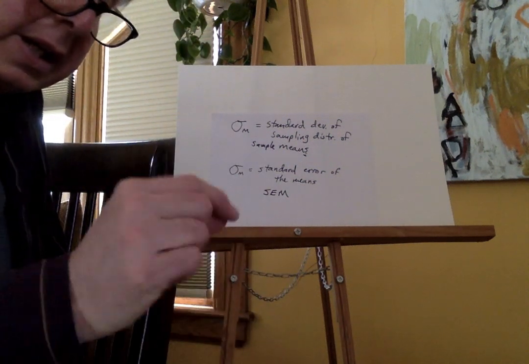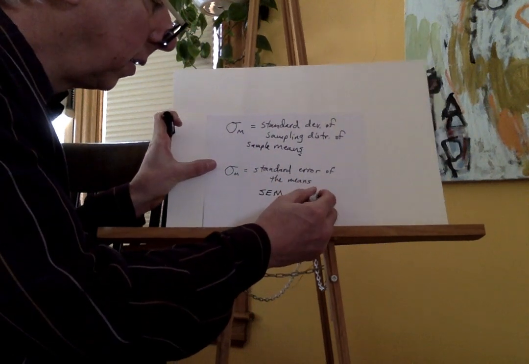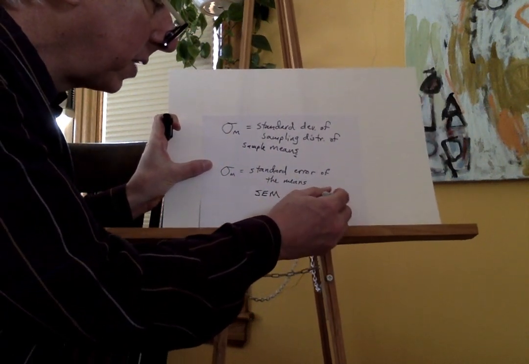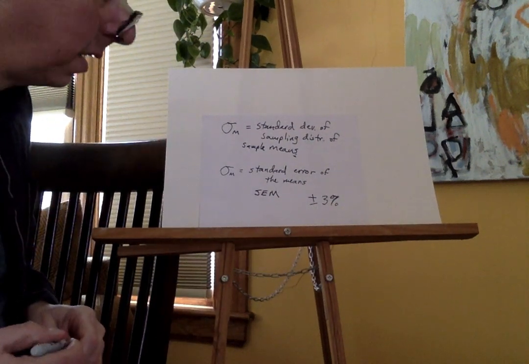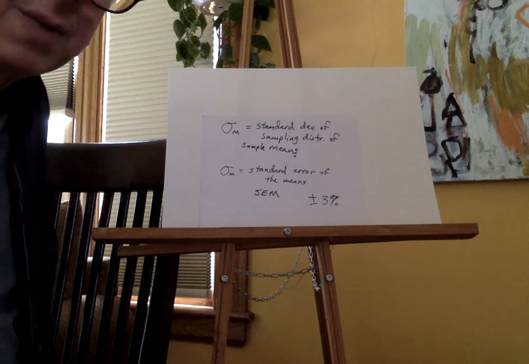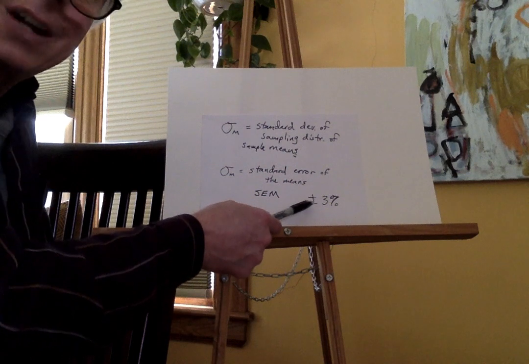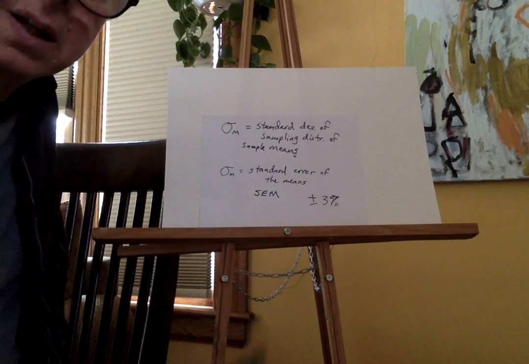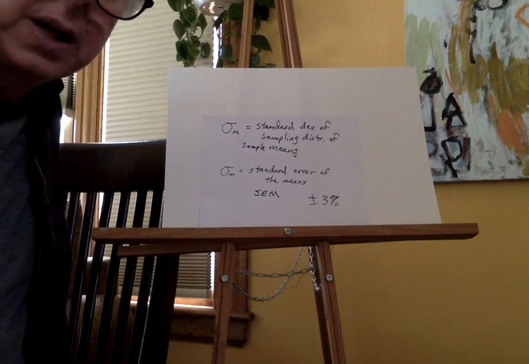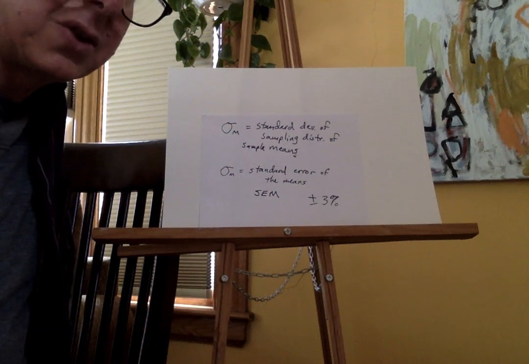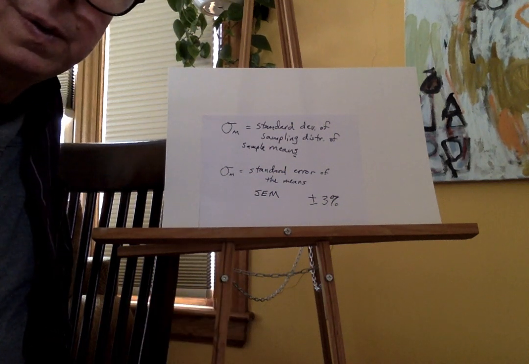And then in the small print, it'll say plus or minus 3%, or plus or minus 1.5%, or plus or minus 8%, whatever it is. That's actually the standard error of the mean, because when political pollsters are gathering this information, they're not going to ask 200 million people. They might ask 1,500 people.